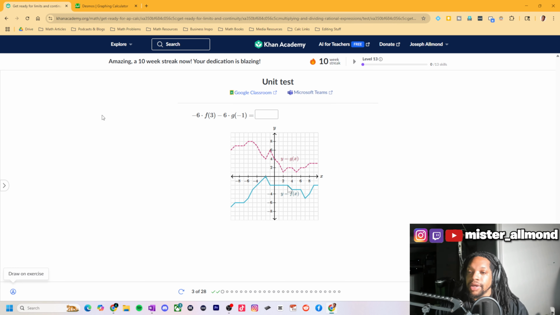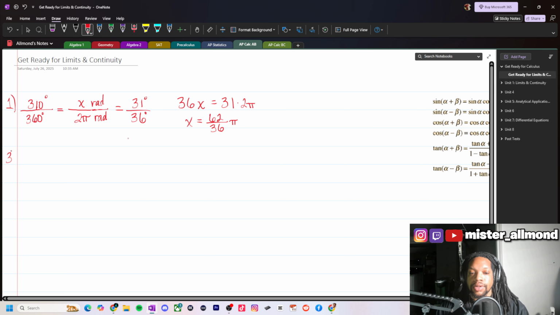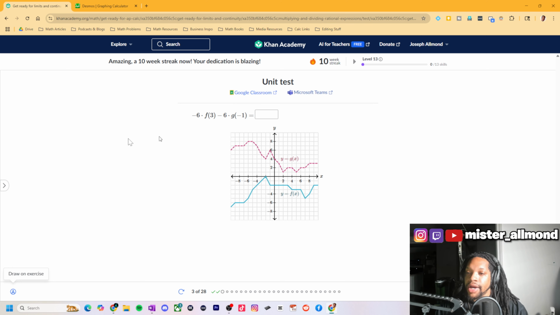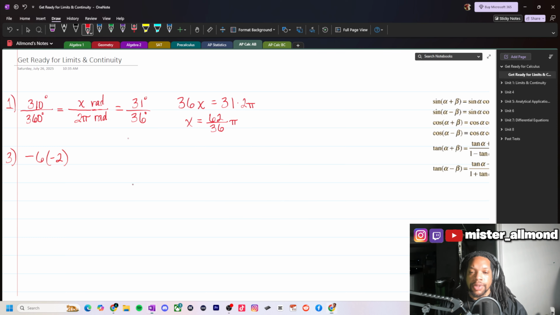Let me write this out. -6 times -2. And then we got -6 times g of -1. G of -1 is just the y value whenever x is -1, and it looks like that y value is 6. So -6 times 6, I'm gonna just put minus, well, I'll write what it is.